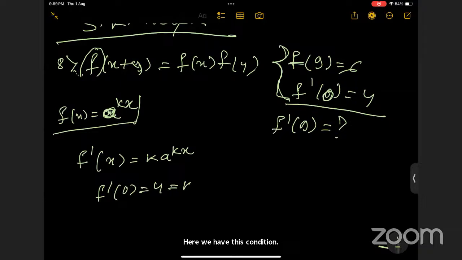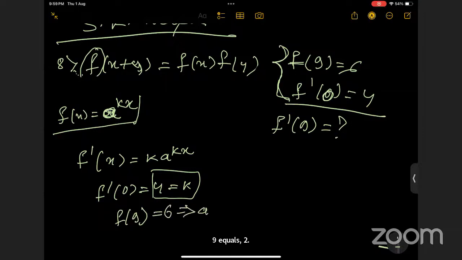This is equal to k, right? That means k equals 4. And f of 9 equals 6. So a to the power k times 9 equals 6. So a power 36 equals 6.